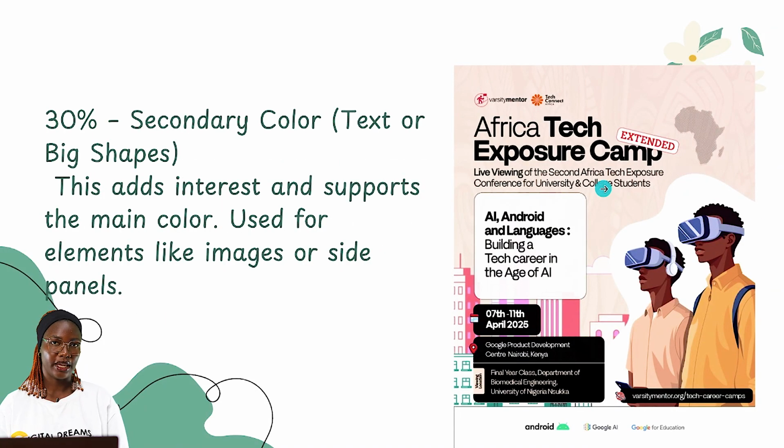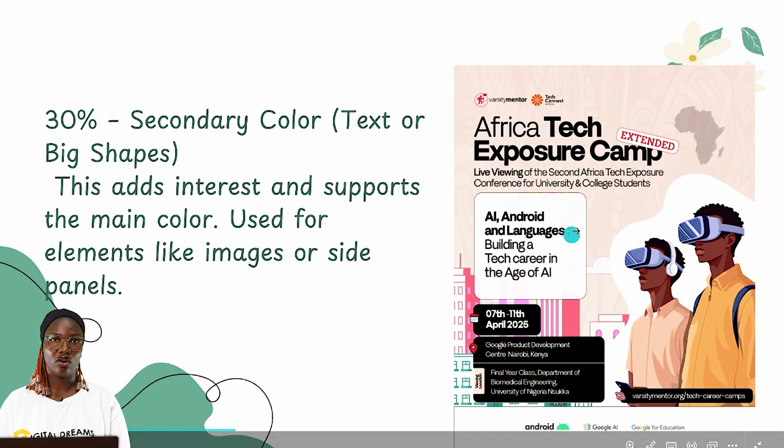So back to this. In this design right here, you can see that this color in the background is the 60%. This is the biggest color in this design, and it is the background color. Then the 30% is the text color, which is the black color right here.